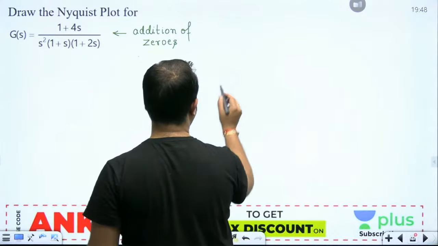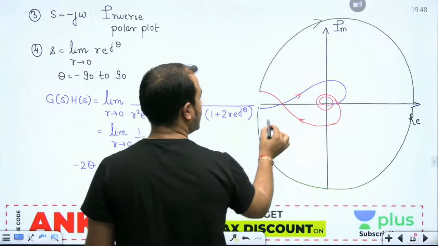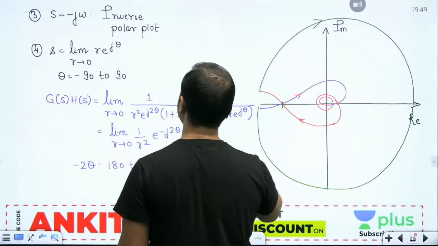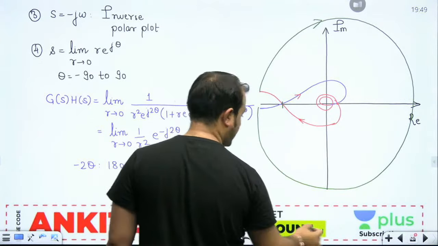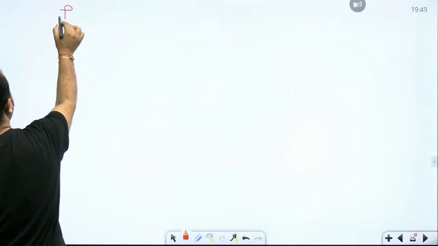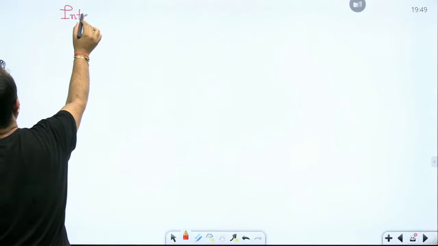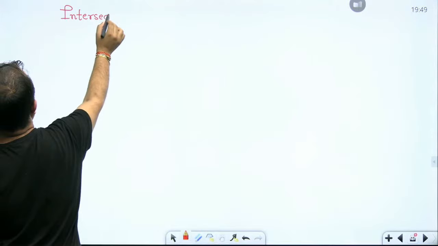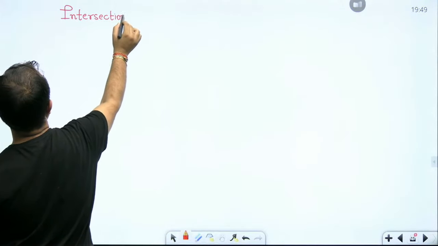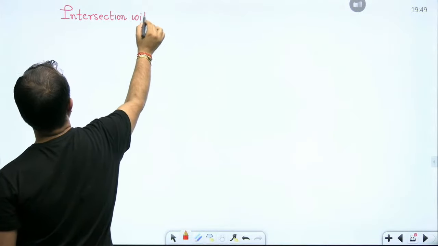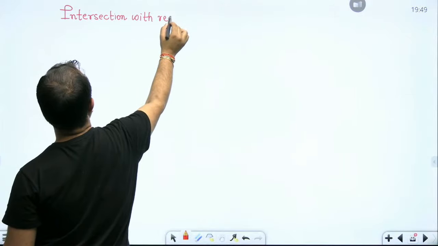Let me just clear that query. People are asking me, how can I say it is intersecting? So let me tell you one concept. Intersection with real axis.